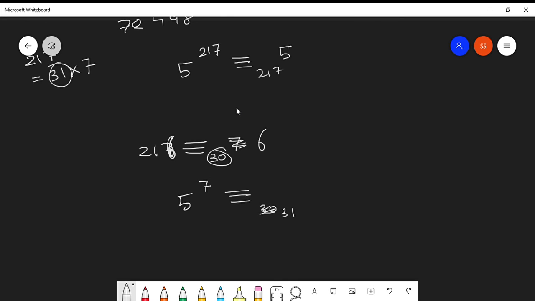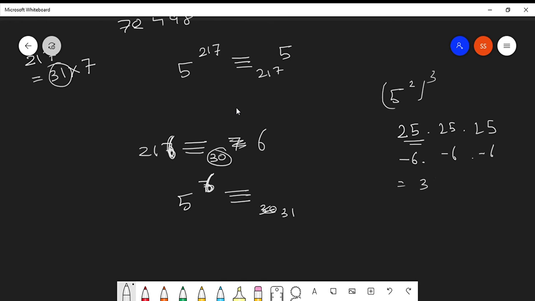So this is 5^6. 5^6 can be written as 25 times 25 times 25, that is (5^2)^3, right? And 25 is -6 mod 31. So this is -6 times -6 times -6.